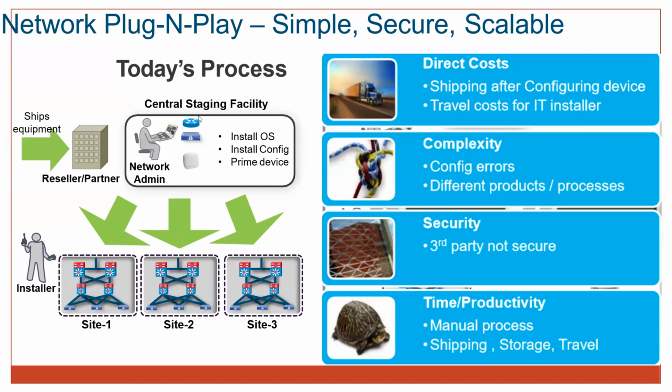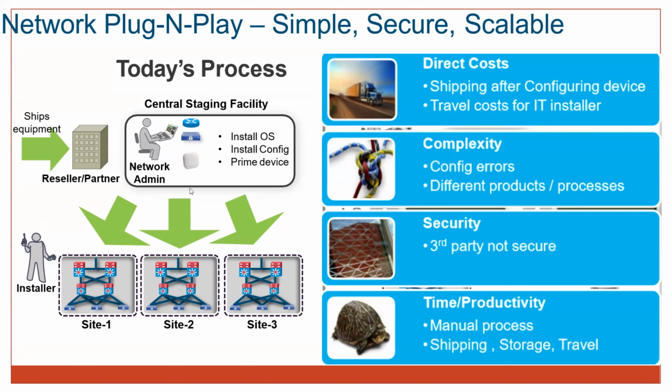That means you don't have the standard configuration for all the devices, all the locations. Whoever the network admin is, as per their knowledge, as per their template, they configure the devices and send them to the locations. Third party is not secure. Then manual processes, shipping, storage, traveling. This is the process that we are still using.